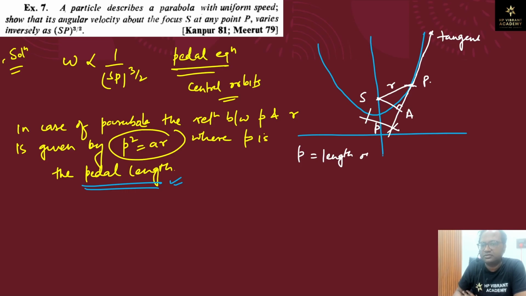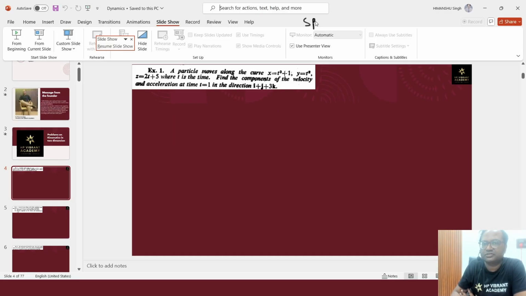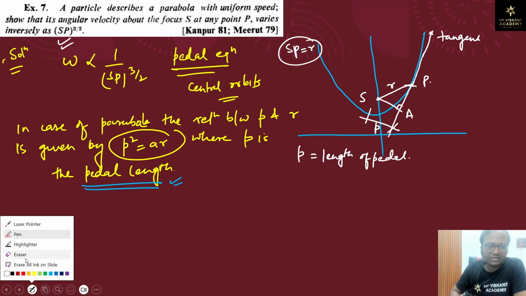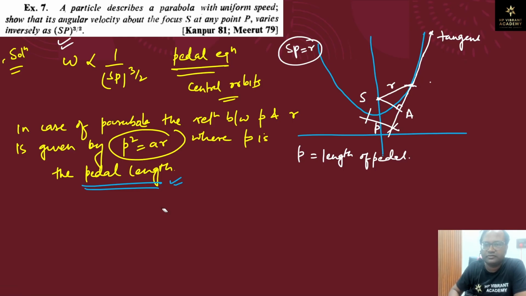And SP is equal to small r. Now we will extend this. This is our radial direction, and this perpendicular is our transverse direction.